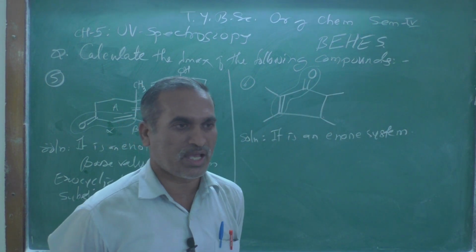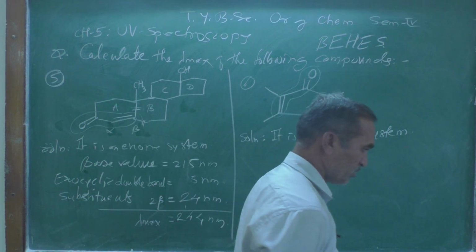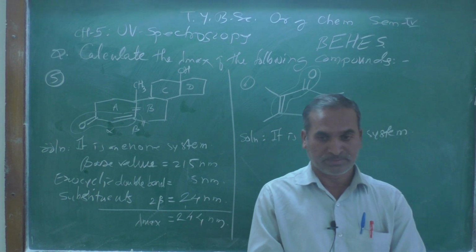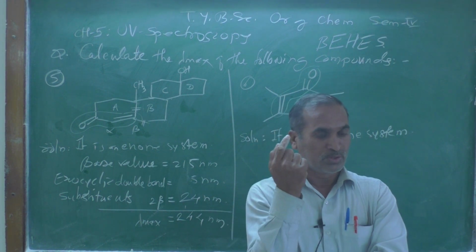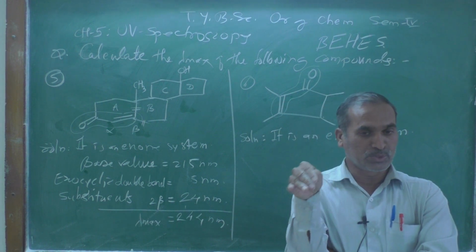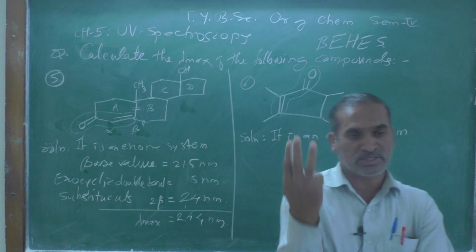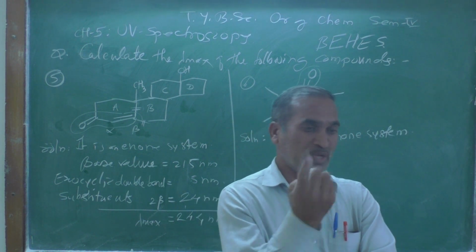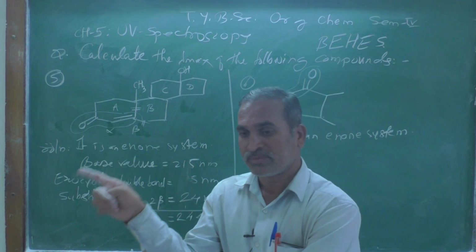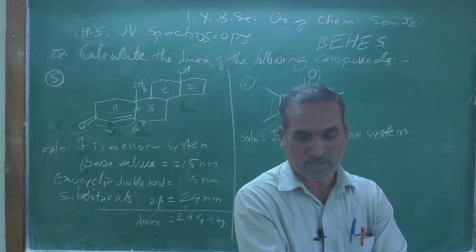And once it is an enone system, what should be the base value? You think a little bit over here. You don't take it as a burden, but you look into the table and remember that for enone system there are three base values. Which base value you should take is decided by how much you know about UV spectroscopy.